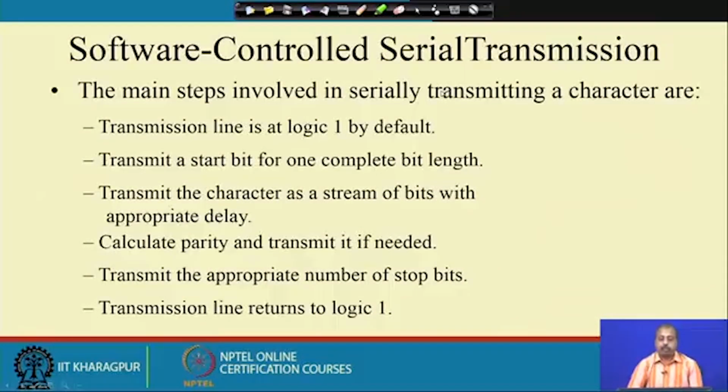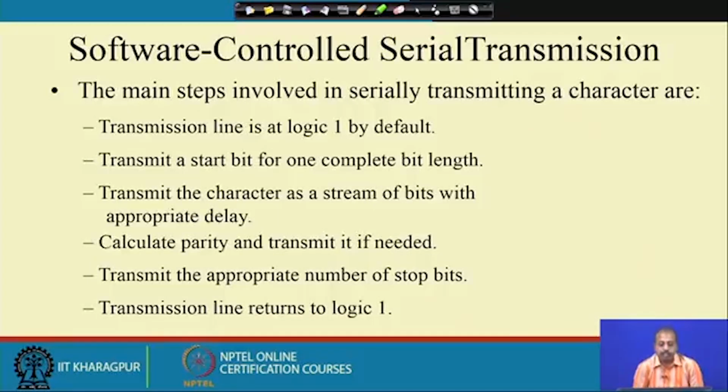So, what about the software side of this serial transmission? The transmission line is at logic 1 by default. As I said, the line is logic high, then it has to transmit a start bit for one complete bit length. Bit length is decided by determining the bit timing.